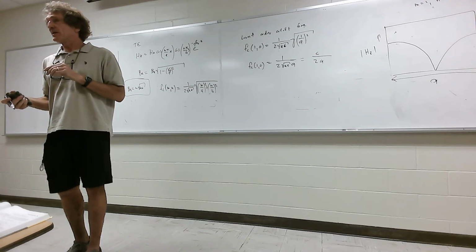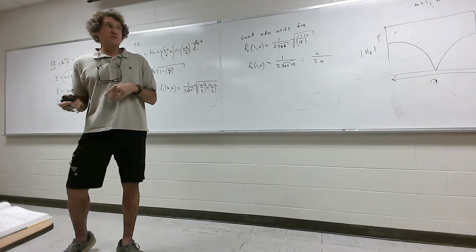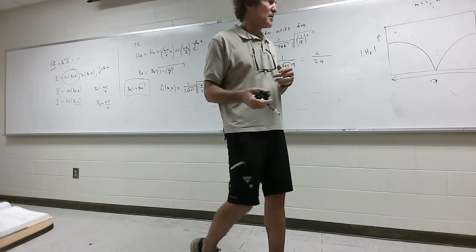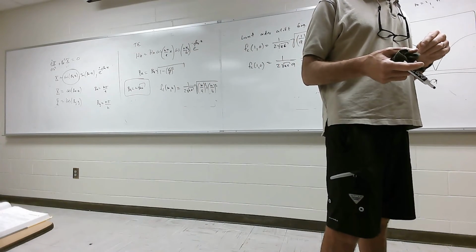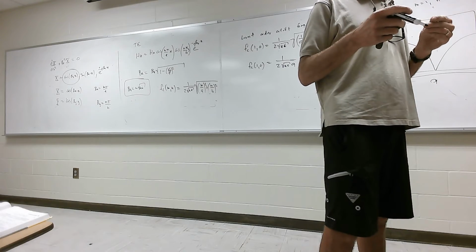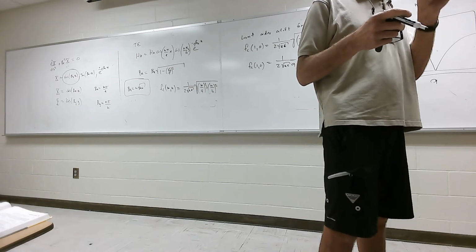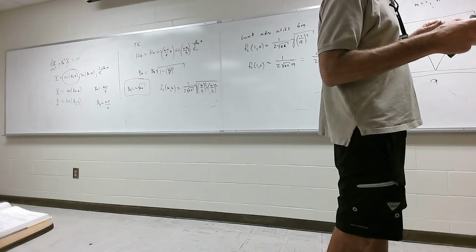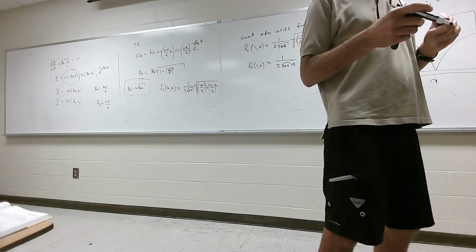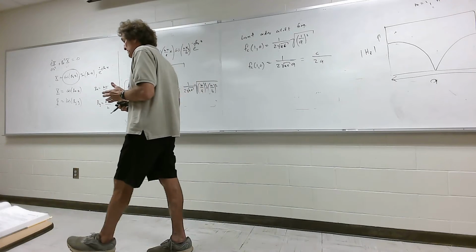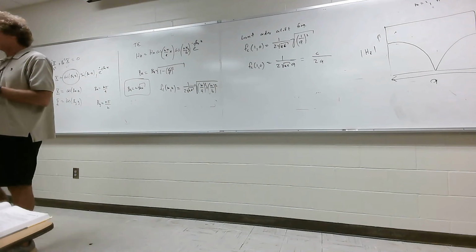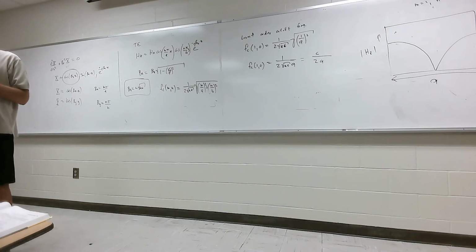If the cutoff frequency is going to be C over 2A, the next mode will go from 1,0 to 2,0, and that will be simply C over A, or double that. So that means between the first cutoff frequency and the second cutoff frequency, the waveguide will operate so that no other mode could operate.